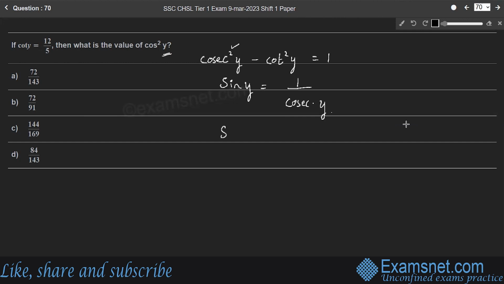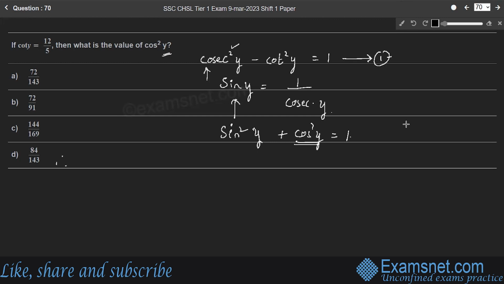Once we get the value of sine y, sine square y plus cos square y is equal to 1, so easily we can find cos square y. So let us find the value of sine square y. For that we need cosecant square y. So how to find cosecant square y? Using the first relation.